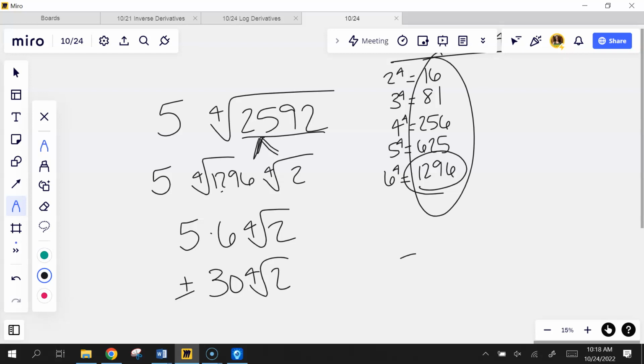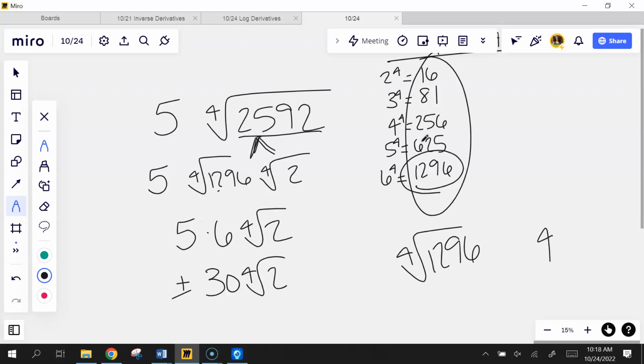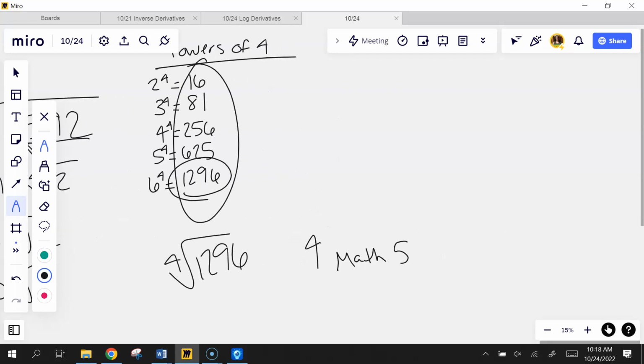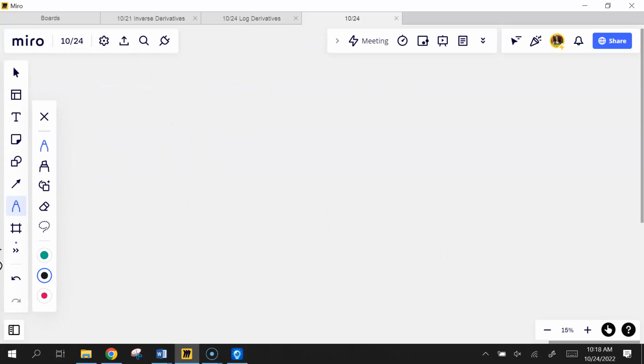So if I wanted the fourth root of 1296, go 4, 5, and then 1296. I showed her before because I couldn't figure out how to do it on here.